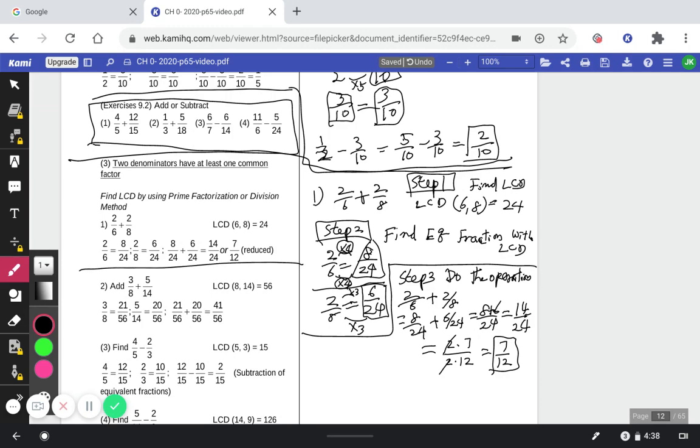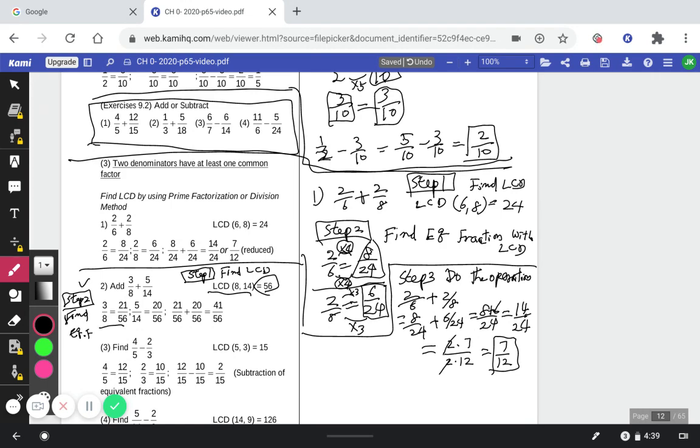Now, example 2. Add 3/8 plus 5/14. So step 1, find the LCD. So the LCD between 8 and 14 is 56. Now step 2, find the equivalent fractions.